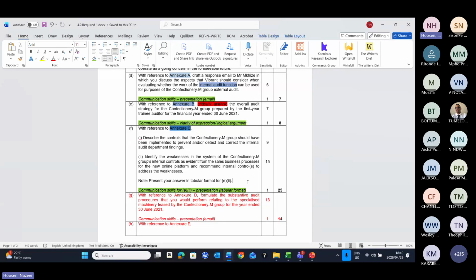What is being asked here is describe the controls that should have been implemented. So what controls would you like to put into place? Now, once controls are in place, the scope for test 3 would then come into play of how you would then test these controls.